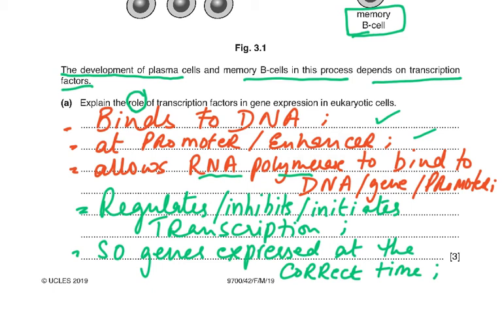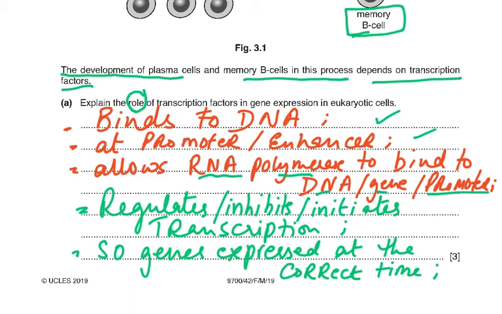RNA polymerase is absolutely essential to bind to DNA so that it can make the mRNA. So it allows RNA polymerase to bind to the gene, or the promoter area, because RNA polymerase always recognizes the promoter area, and that's where it binds.